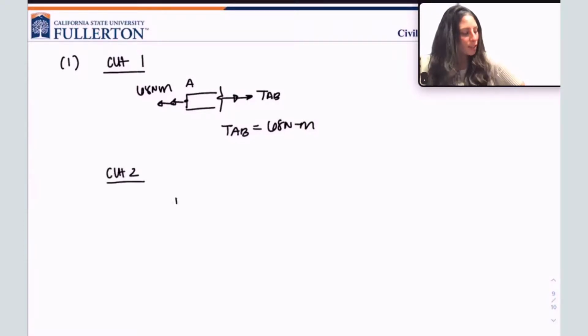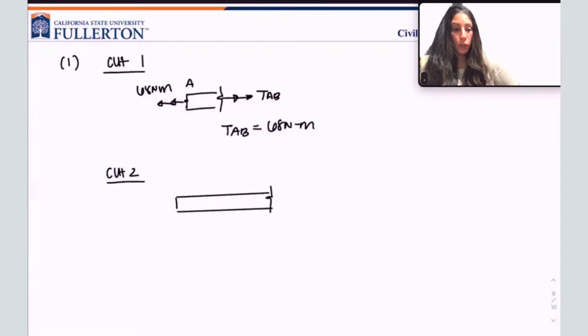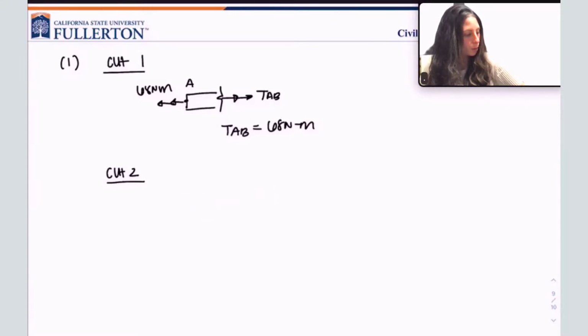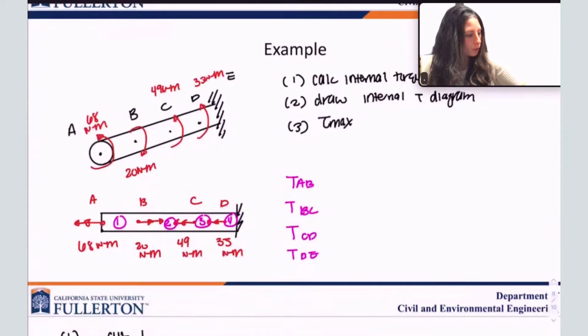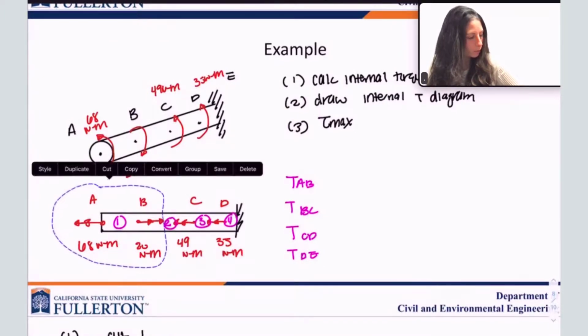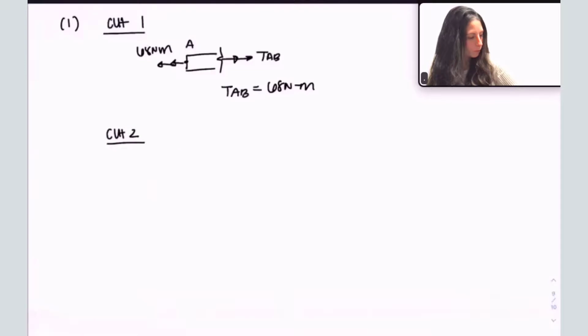So, next cut is going to be between point 2, right? This is probably easier if I just copy and paste it from my original. Let's come here. Point 2 will be here. There we go.